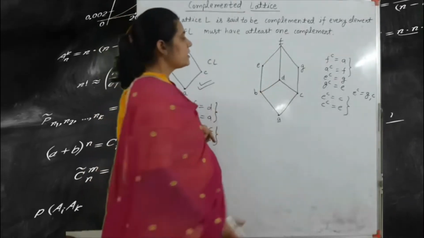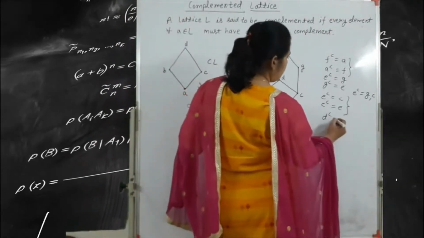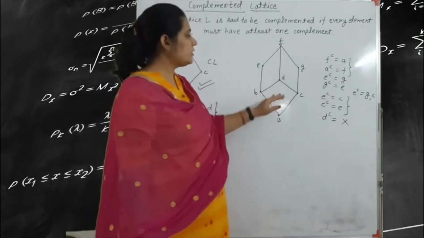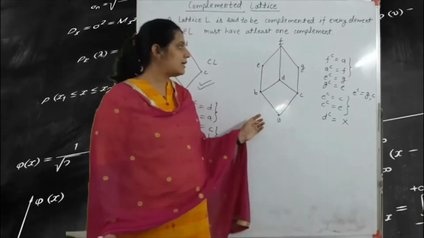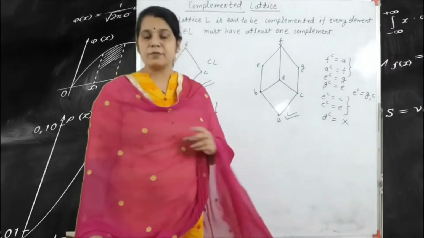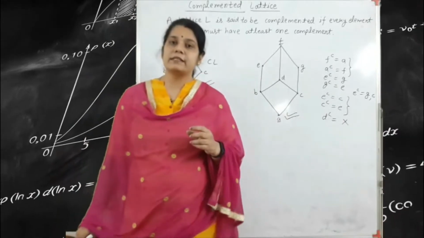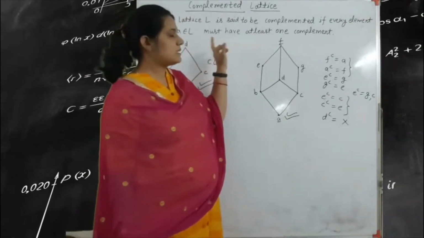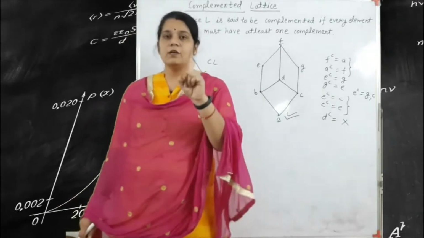So D does not have any complement. According to this diagram, we can say that this is not a complemented lattice, because in a complemented lattice every element must have at least one complement.